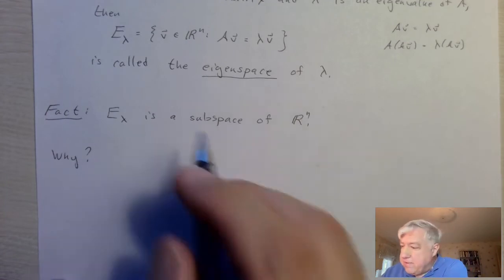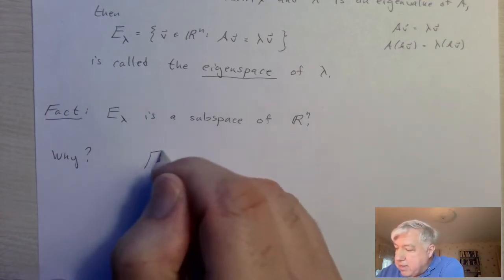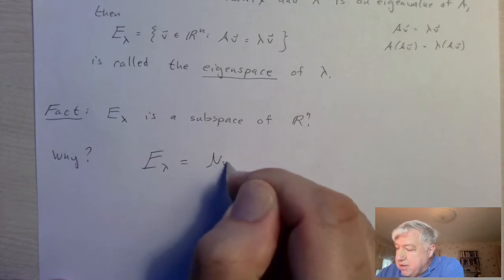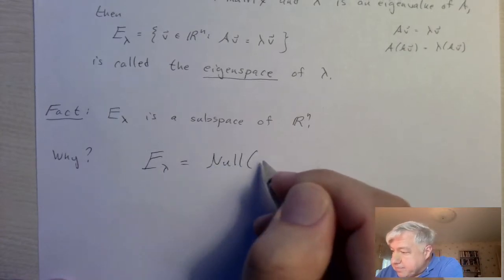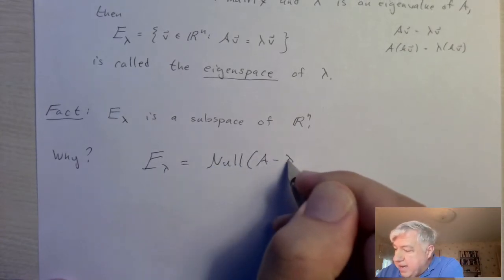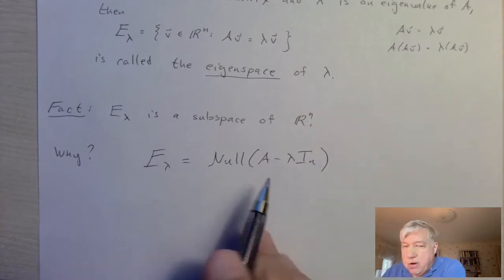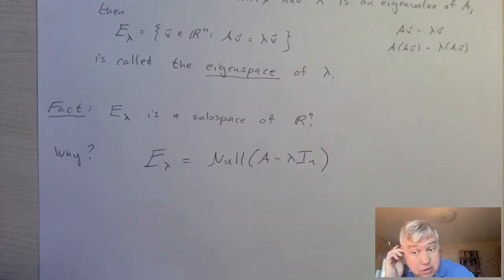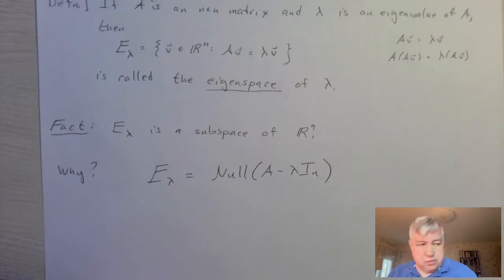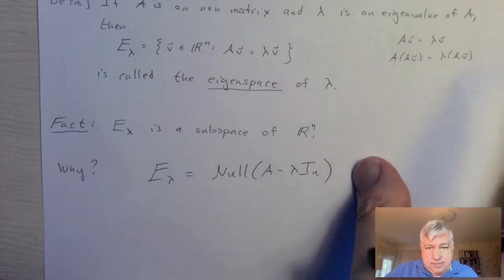The reason for that is that E_lambda is precisely the null space of A minus lambda I_n, and we know from the last chapter that the null space of any matrix is a subspace. That's important. All right, next.